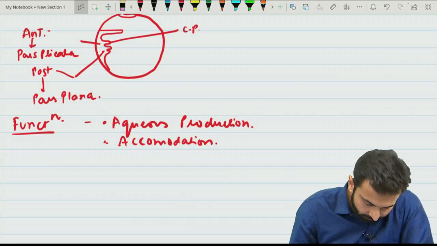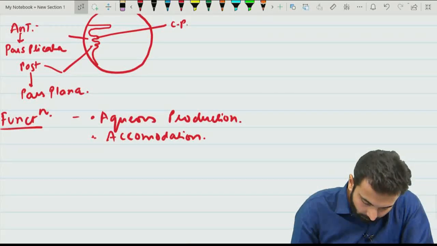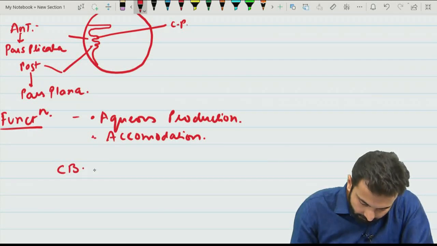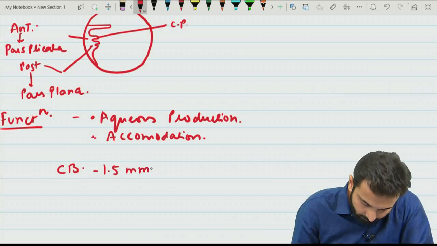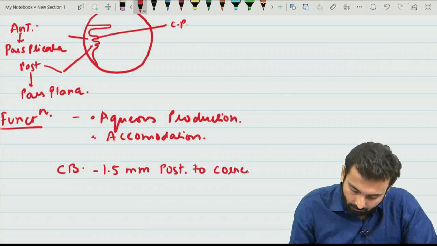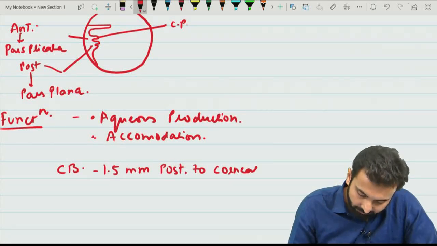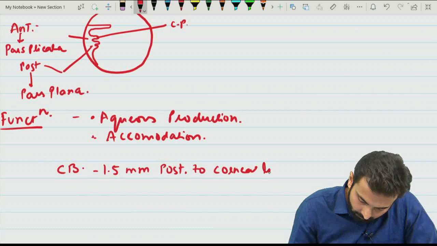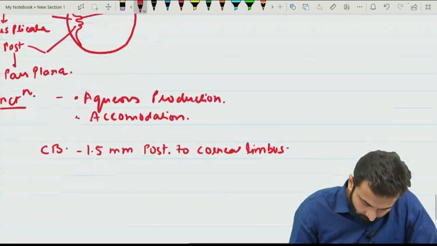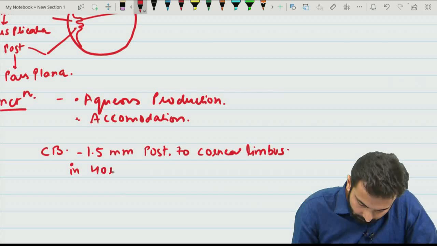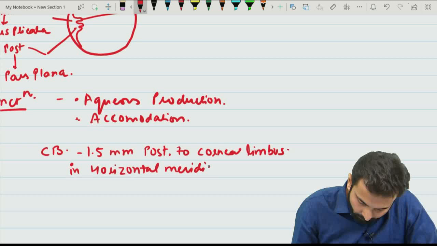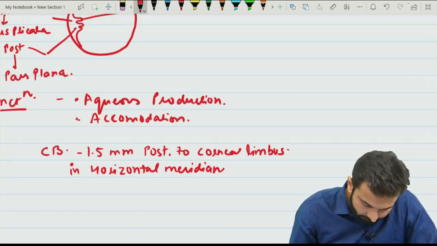Now coming to the anatomical part, what is the location of ciliary body? Write down. Ciliary body lies 1.5 millimeter posterior to the corneal limbus in the horizontal meridian, right?